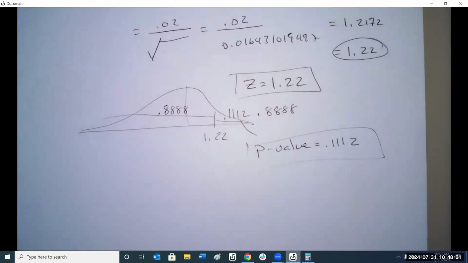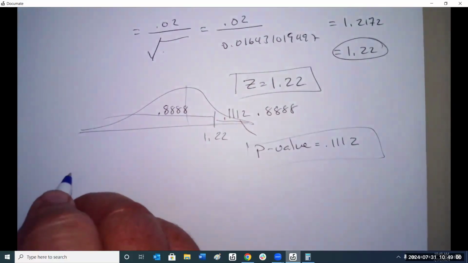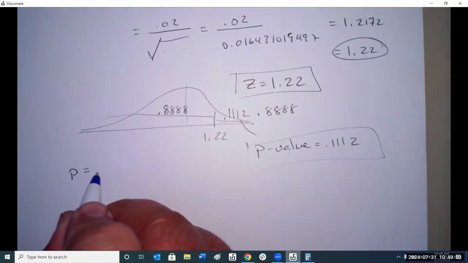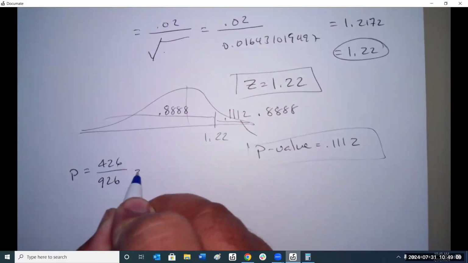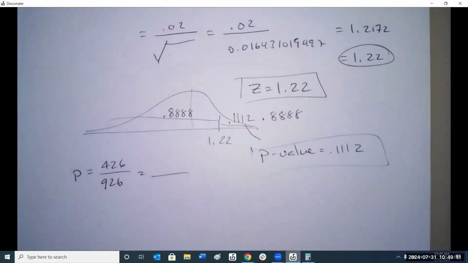So the question I have in this one is, why did we use proportions in the first place? What does a proportion tell us? A proportion, P, is like a simple average. Say we had 426 over 926. That gives us the decimal value. That is our proportion.